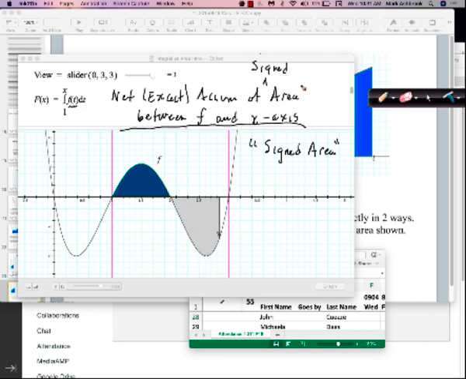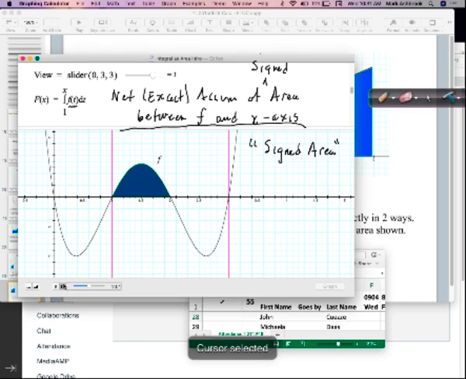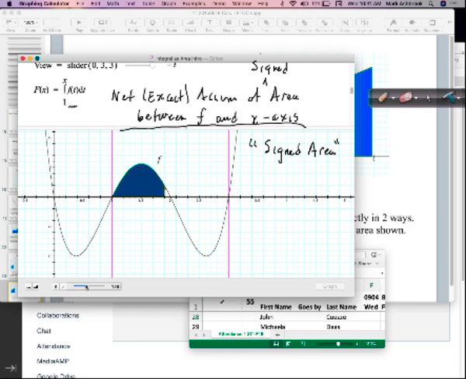So at 1.5, is the value of the accumulation positive or negative? What about at 2? Is the signed area positive or negative? What about at 2.3?